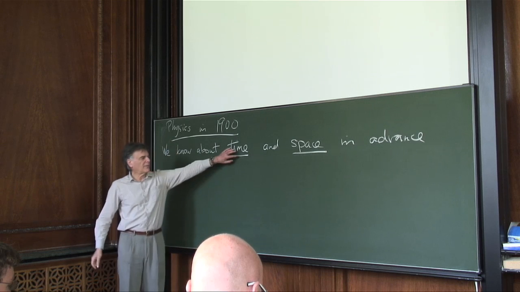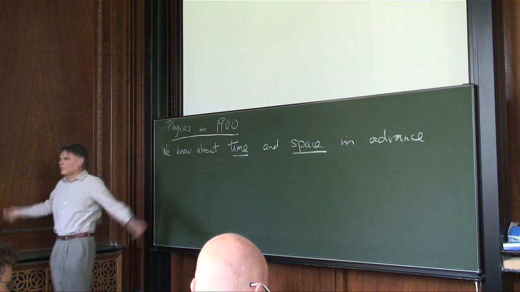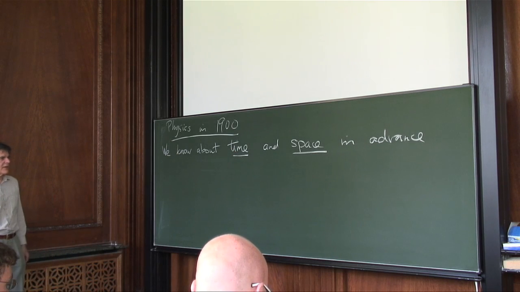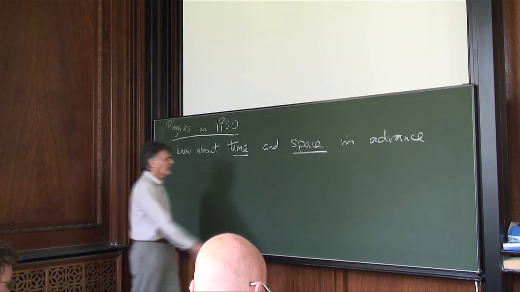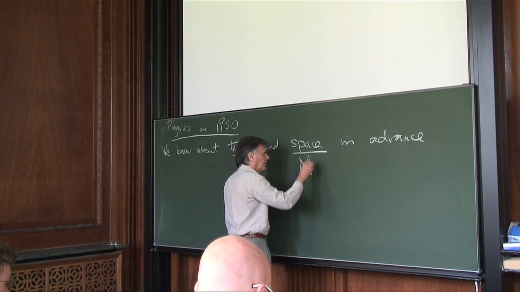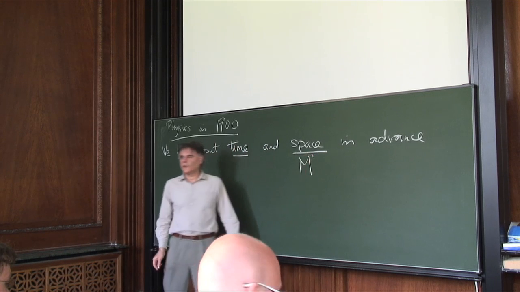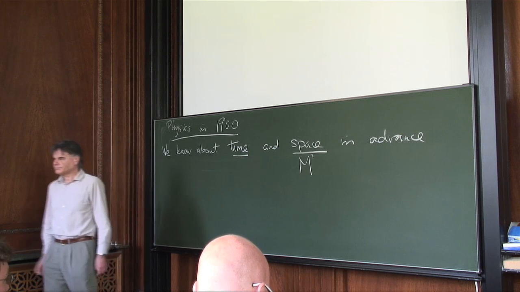So in particular, we can assume that time is some one-dimensional manifold, which we think of like the real numbers, and space will be some three-dimensional Riemannian manifold in classical physics.